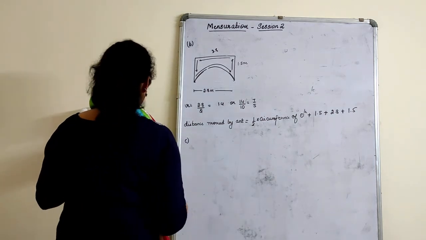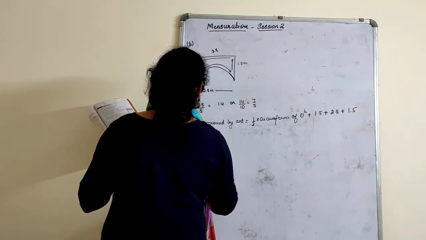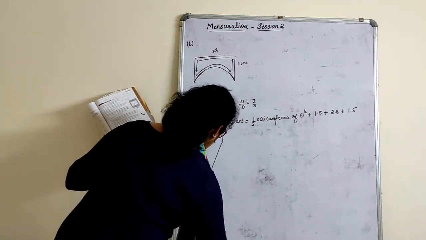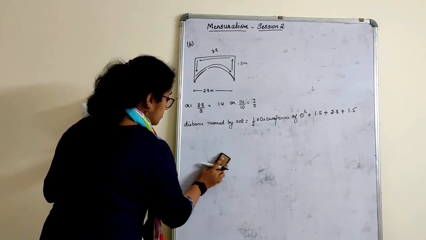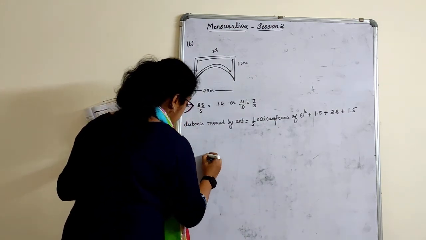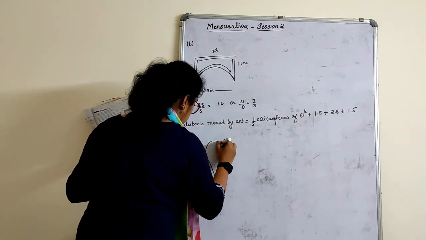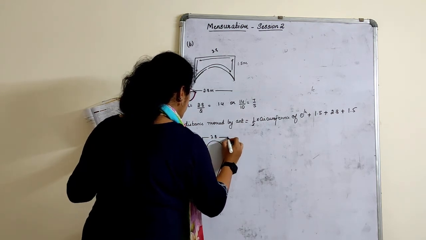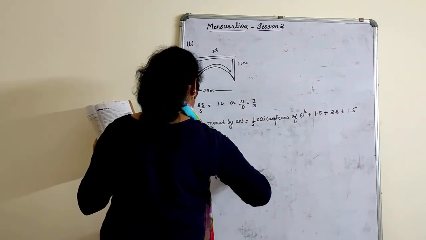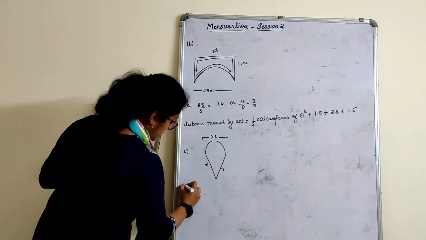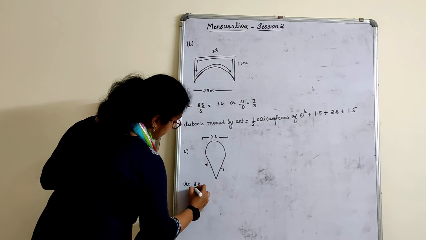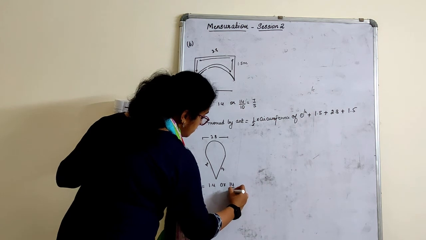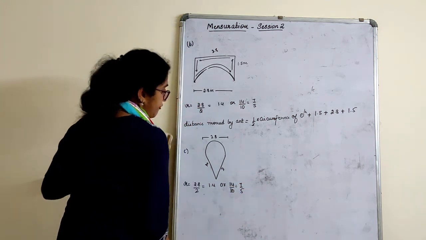See, this is the figure. So this measurement, I'll put it in the background. This measurement is the same thing, 2.8, and this measurement is 2 and this measurement is 2. Therefore, R is the same thing, 2.8 divided by 2, that is 1.4, or 14 by 10, that is equal to 7 by 5.